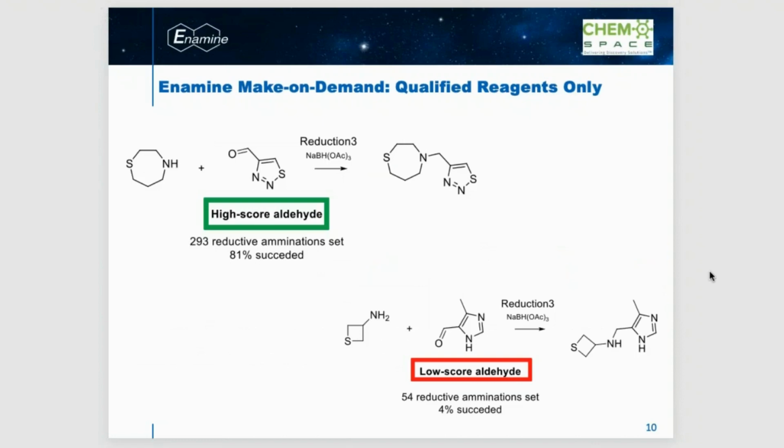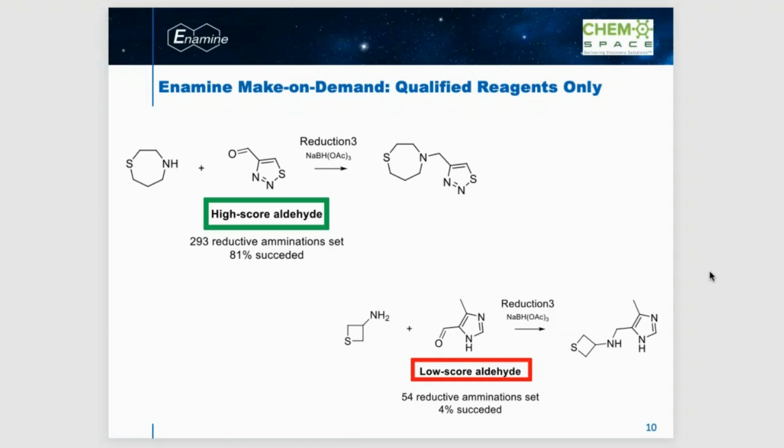When we perform the selection of the reagents, we select only those reagents that reveal a high score in the reactions and are able to generate large chemical spaces.